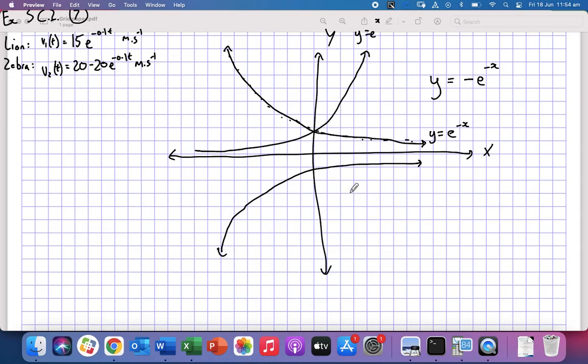I could now just think of the shape of the graph as being one that comes up like that, right? Now the difference is that this curve's been moved up 20, and we're getting 20 times our e to the x as well. So let's just think about what happens when the time is 0.